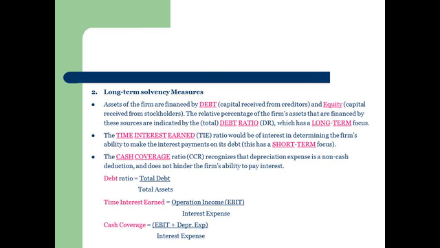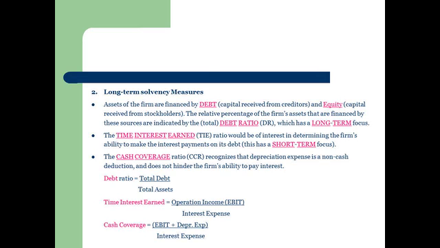Suppose I purchase a company's share, that amount will go to the company's equity. Now the relative percentage of the firm's assets that are financed by these sources is indicated by the total debt ratio, which has a long-term focus.